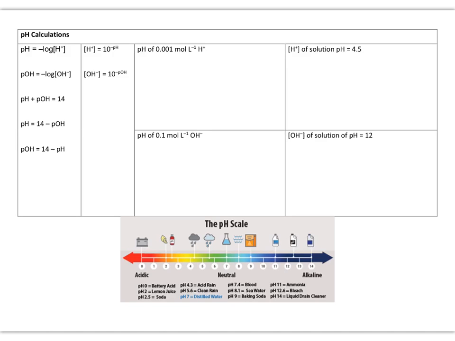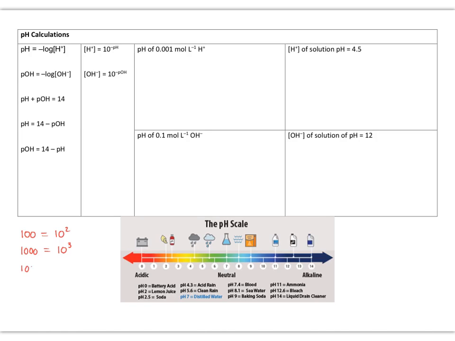In a sense, logs come from this idea, because I know a lot of people haven't covered logs in maths, that if we think, 100 equals 10 squared, 1,000 equals 10 to the power of 3.